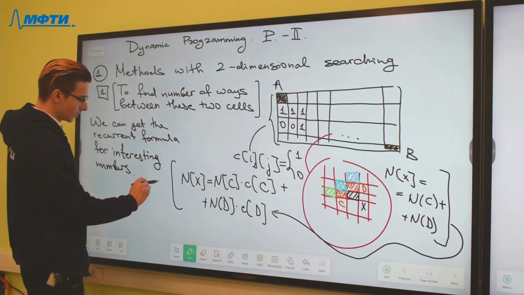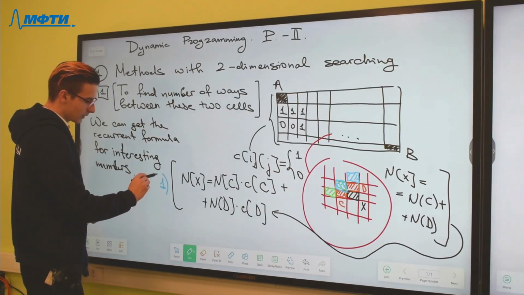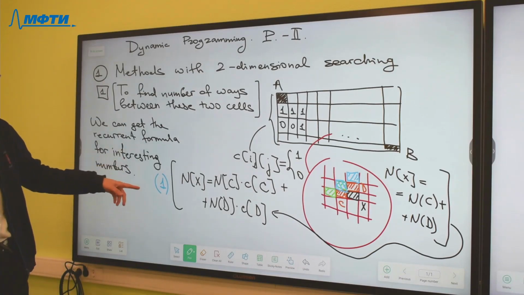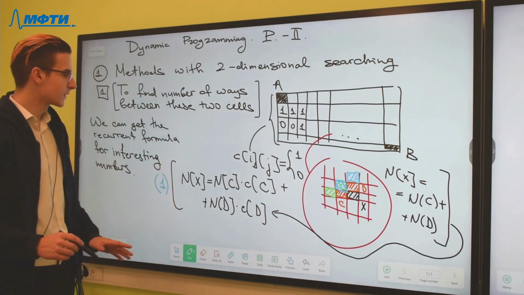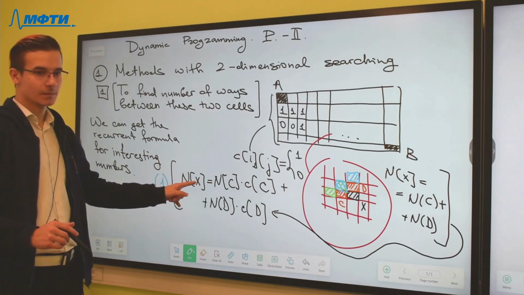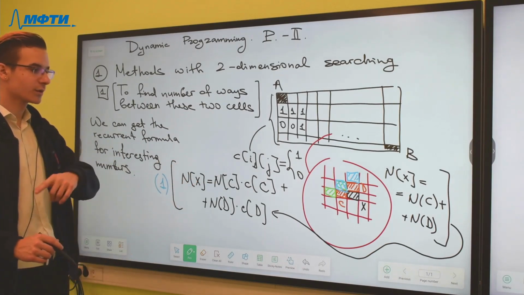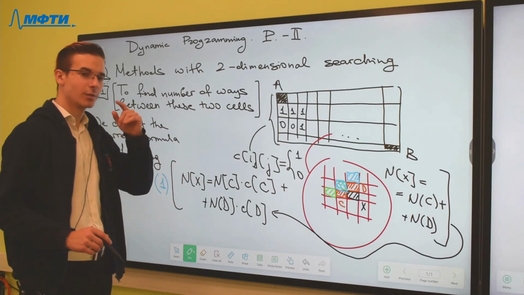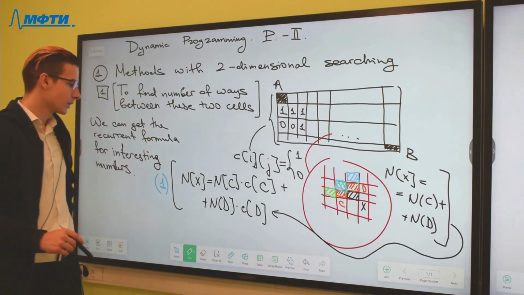Firstly, to understand, first we need to find the recursive formula. In all today's tasks, we try to find it, and it is important for the previous tasks that we talked about in the previous lesson.